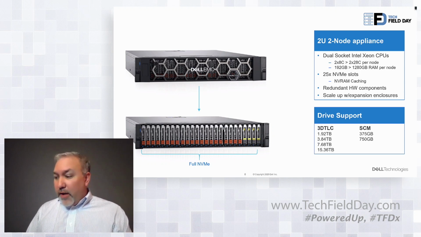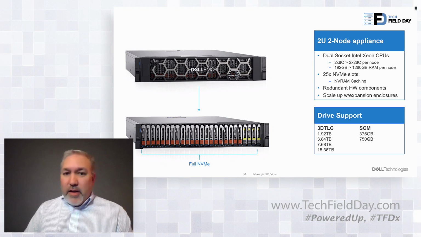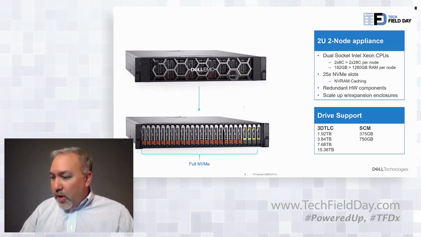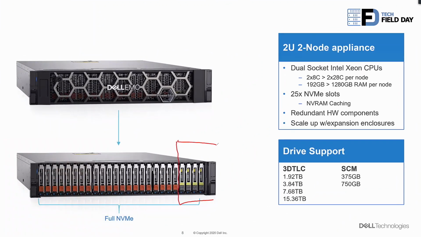You can see the drive support here: 3D TLC devices, 1.9s, 3.8s, 7.6s, 15.3s. Let me go into annotate mode real quick. Notice right here, and we'll classify this out on the next slide, these are our NVRAM devices, and I'll talk about those in just a moment. This basically gives us 21 flash devices that are capable of user data in the base enclosure.